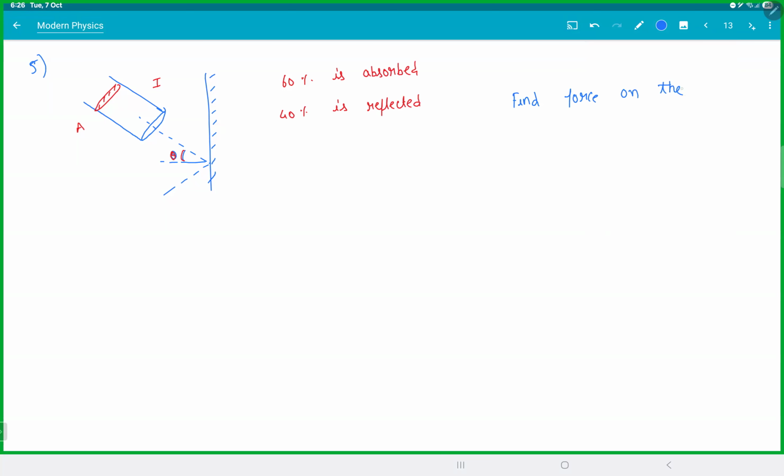And remember, all these questions we are doing are simply based on photons. I didn't teach you any other concept so far. Radiation pressure, one of the important concepts. Get this. Neither.